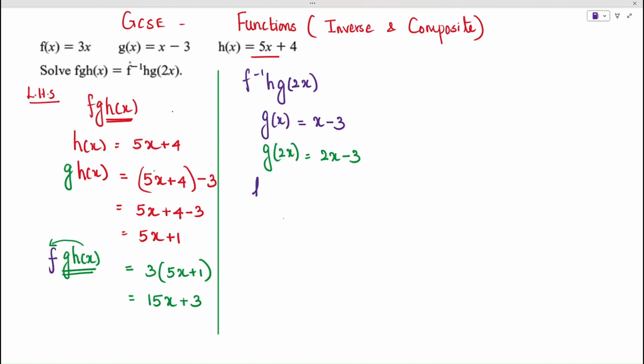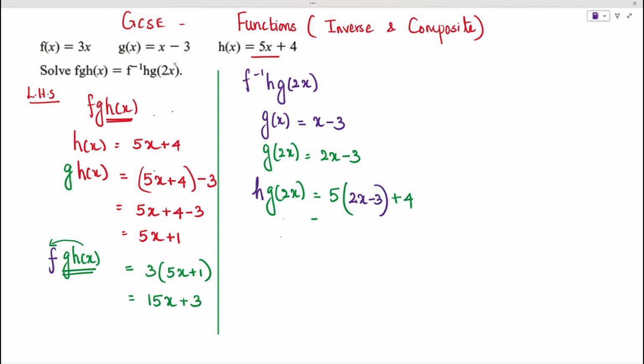Next we're going to do h of g of 2x. And for this we're going to substitute our value of g of 2x into our h function. So we have 5 times, and then the x value we're going to put 2x minus 3. Close our brackets, and then we're going to do plus 4 at the end.